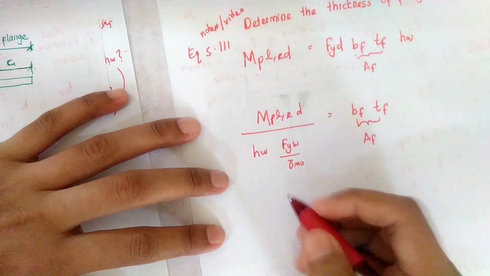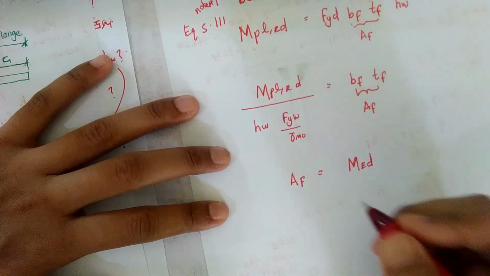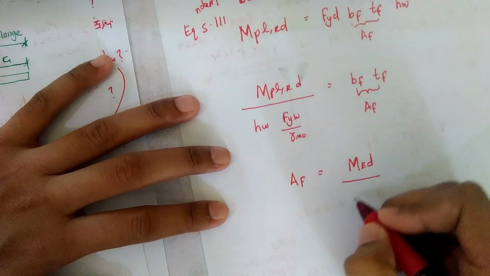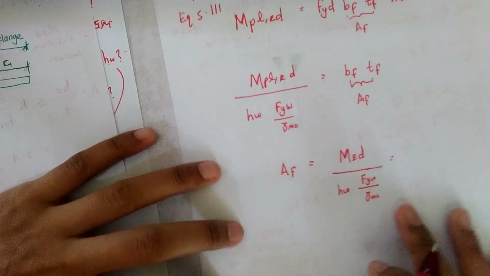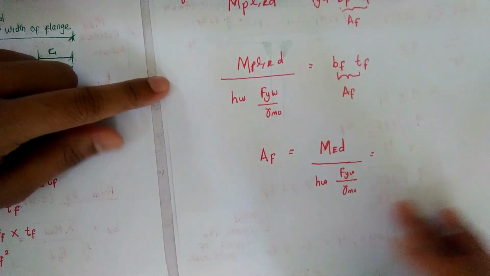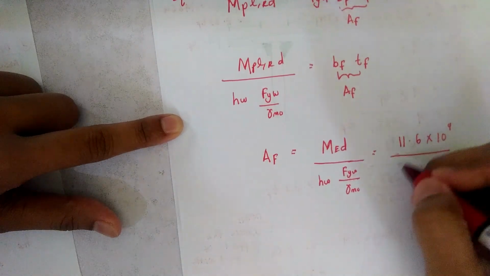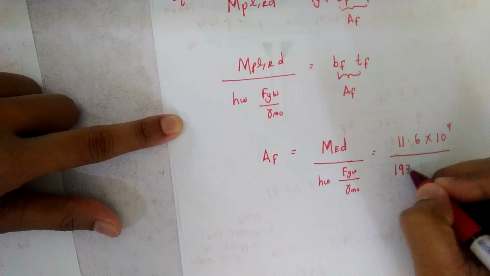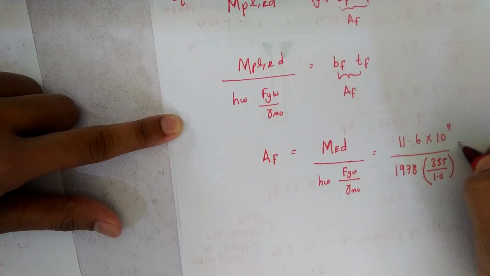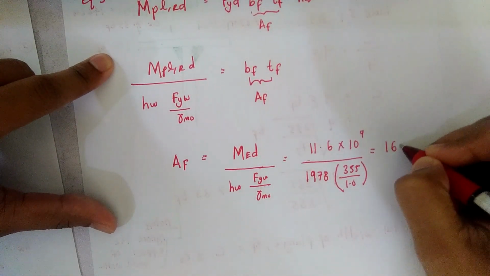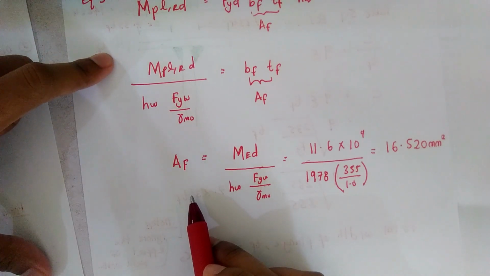So for you to calculate, the area of flange is equivalent to M_Ed over h_w f_yw over aspect ratio, because that is the M_PL,Rd. Then substitute all the parameters that we have determined earlier: M_Ed 11.6 times 10 to the power of 9, divided by your h_w, we already determined it, 1978, times 355 over 1.0, and finally you will end up with 16,520 millimeters squared.